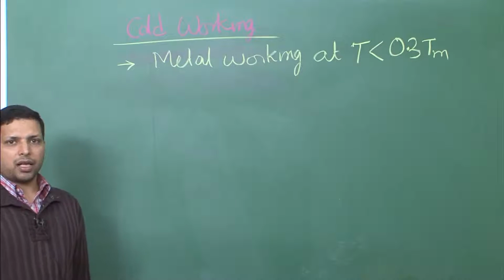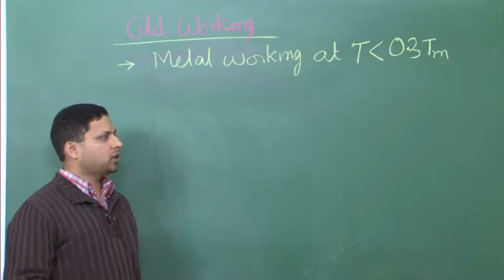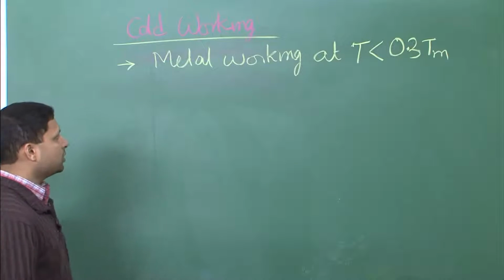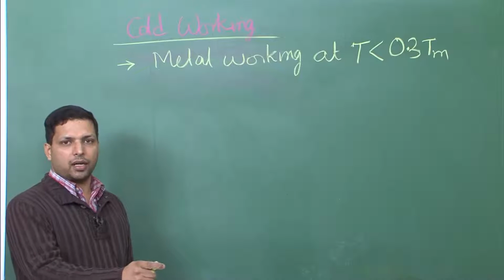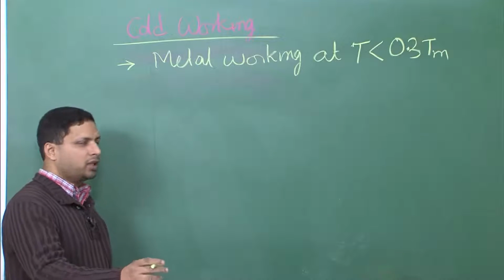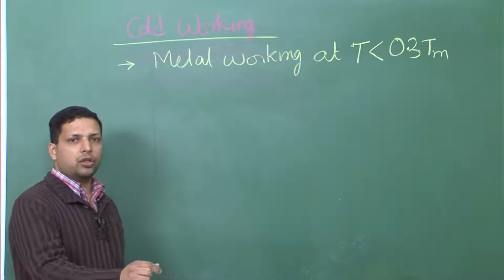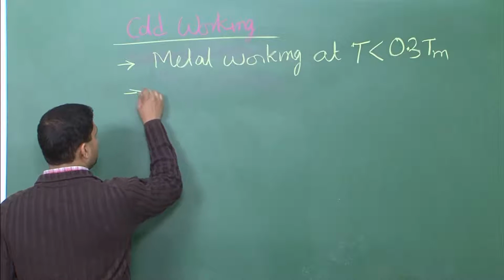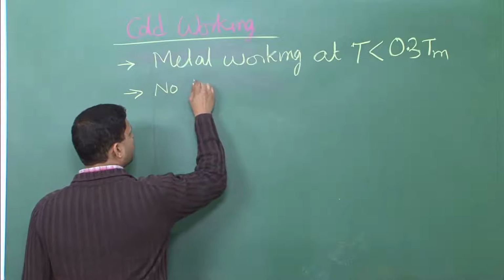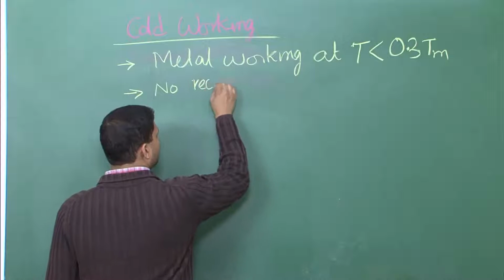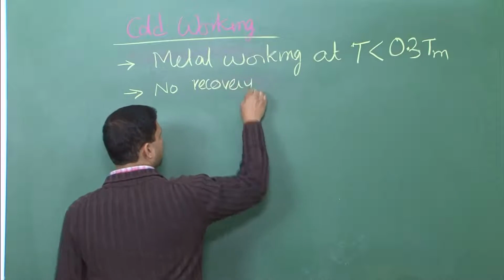There are certain characteristics associated with cold work. Now, let us look at what those characteristics are. Since we are doing the cold work at a temperature less than 0.3 Tm, there is no recovery or recrystallization taking place in the microstructure.